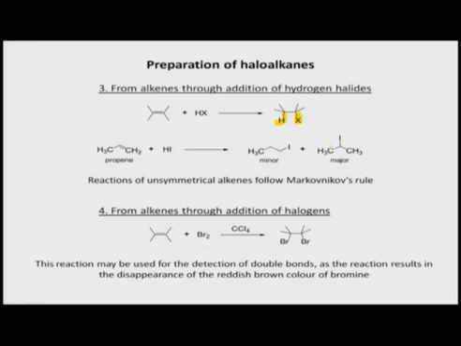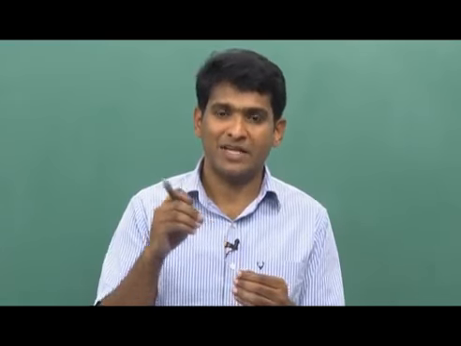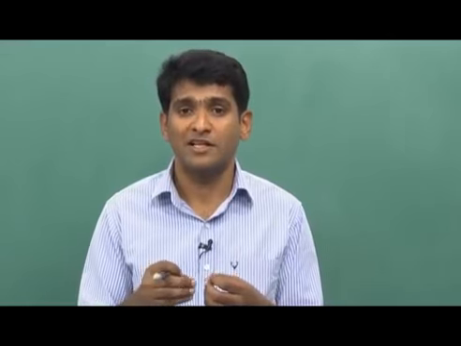You would find that 2-iodopropane is the major product in this case, and this is something that you have already studied, because in the reaction of unsymmetrical alkenes such as this, that means when you have a double bond that is differentially substituted on the 2 carbon atoms involved in the double bond, the addition happens in such a way that the halogen atom gets attached to the most substituted carbon atom. That is, there is a preferential formation of more substituted halo compounds. This rule is Markovnikov's rule, which you have studied already.